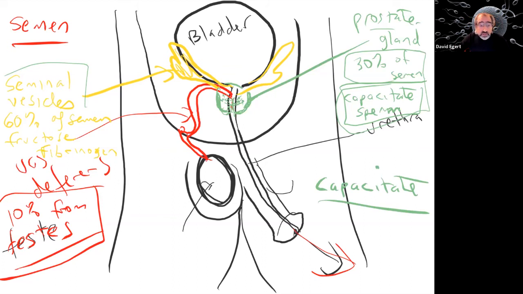I should also mention there's one other gland we can add in here. Let me put them in blue. This is going to be the bulbourethral gland, or the Cowper's gland.